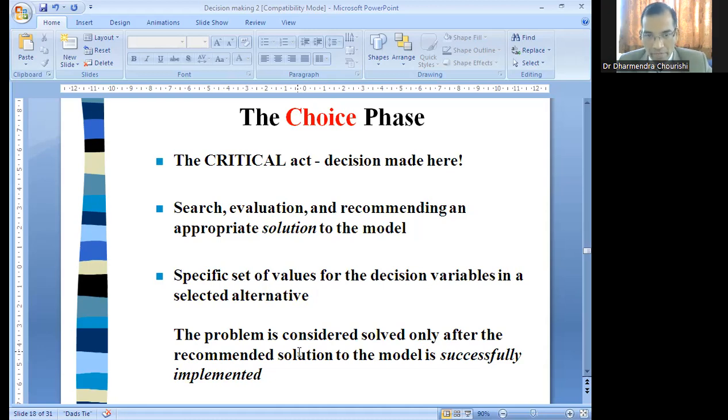So in the choice phase, you have to pick the best one, a specific set of values for the decision variables in the selected alternative. We can say that the problem is considered solved only after the recommended solution to the model is successfully implemented.